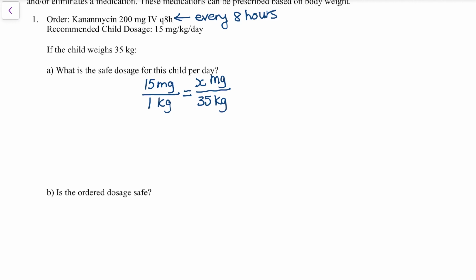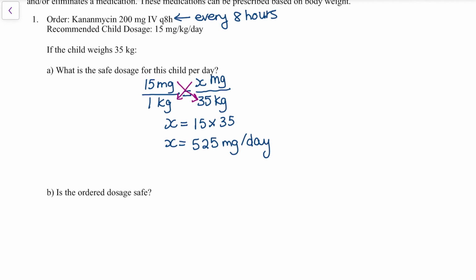So now I can cross multiply. X times 1 is X, and 15 times 35 is going to be 525. And this is per day.